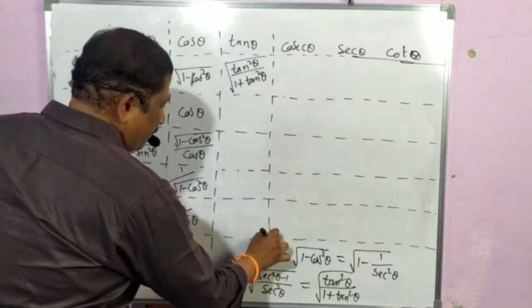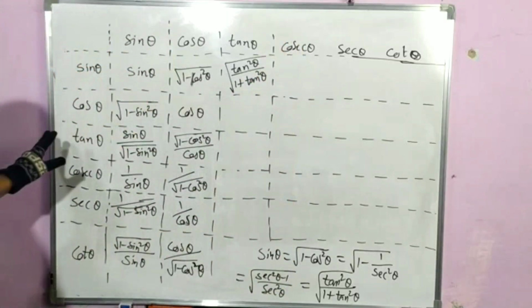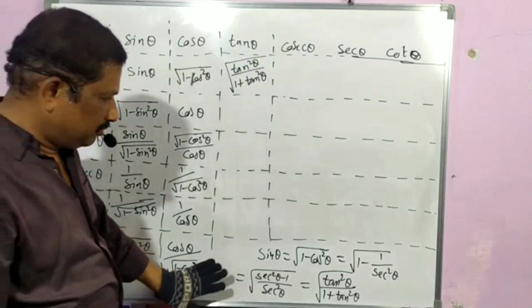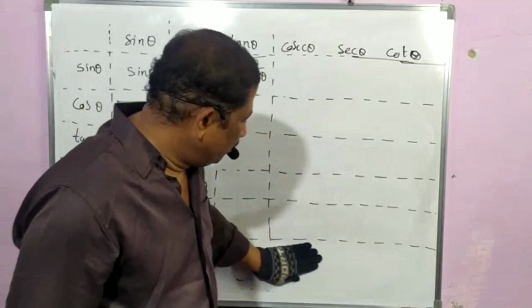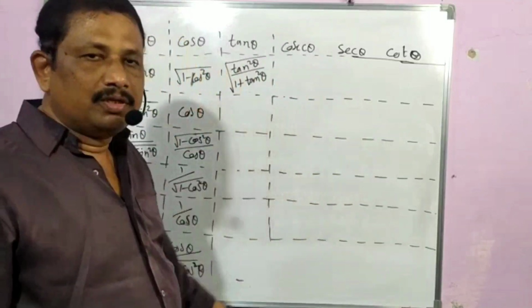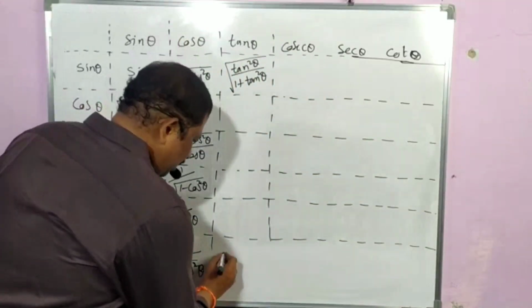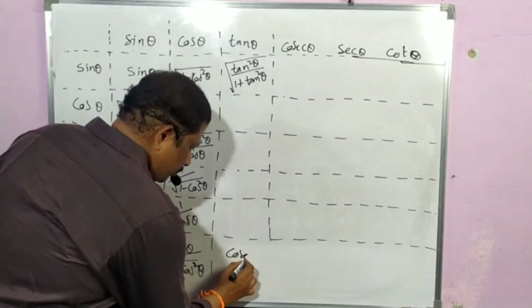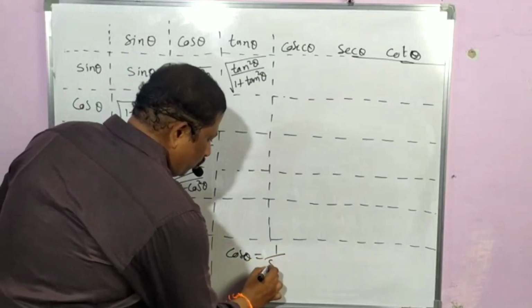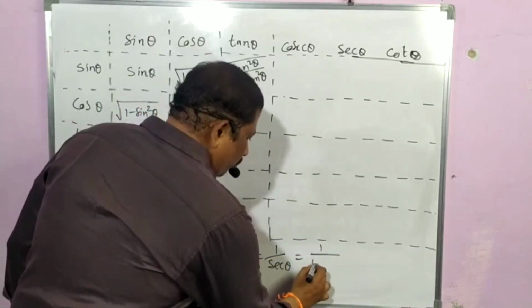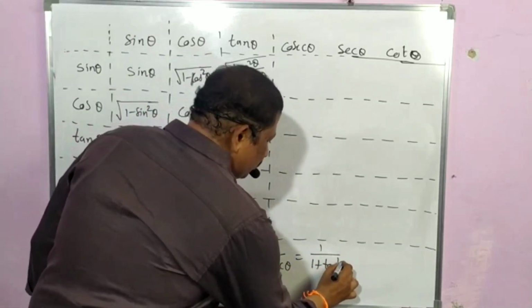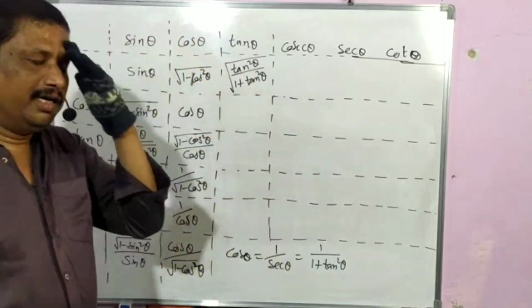Okay. Next step, we have to convert cos into tan. So cos we can easily convert into tan because the reciprocal of cos is secant. So cos theta is equal to 1 by secant theta. Secant square can be written as 1 plus tan square theta by using the third identity.